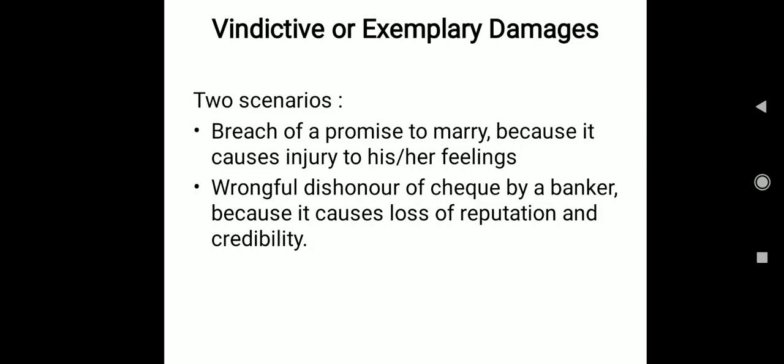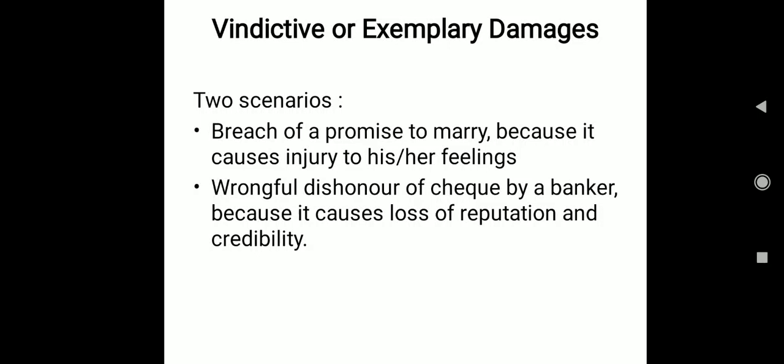Then next we have vindictive or exemplary damages. These damages arise in two situations. The very first situation is breach of a promise to marry.